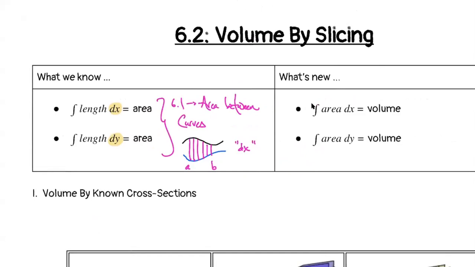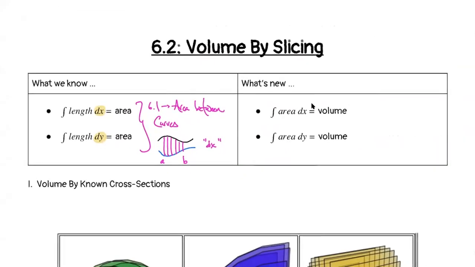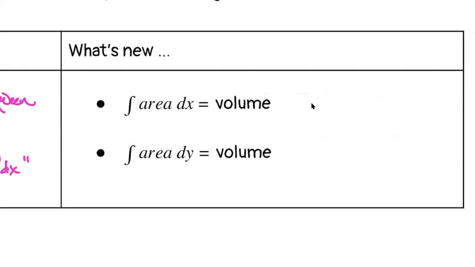So that idea of decision making is definitely going to be important as we move into this next section, all right? And so what's new? Well, turns out that it's all nice to take from one dimension and integrate it and end up in two dimensions. But we can take that one step further, meaning that if we have an area formula and we integrate it, we're going to end up with volume.